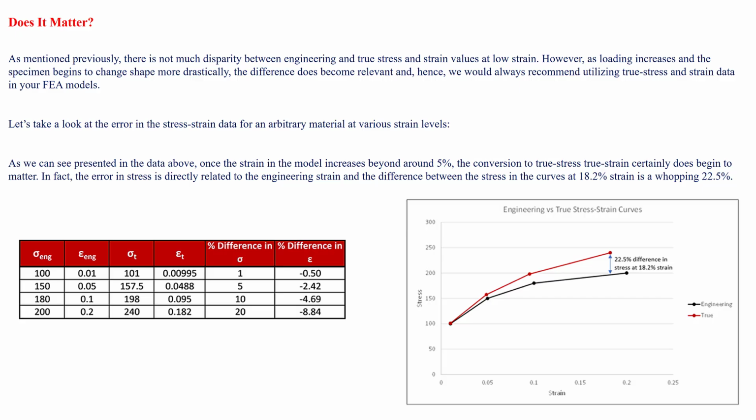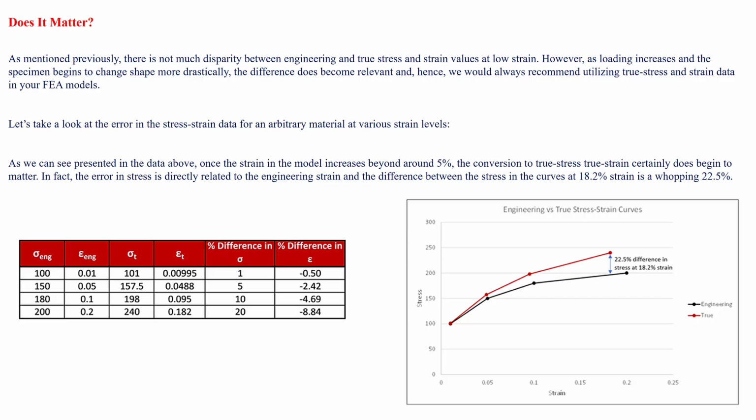The stress difference is 18.2% when the strain is 22%, so it keeps on increasing. If I consider the 200 engineering stress, the difference is approximately 20%, 22%. True stress is 240 and the strain is 0.18.